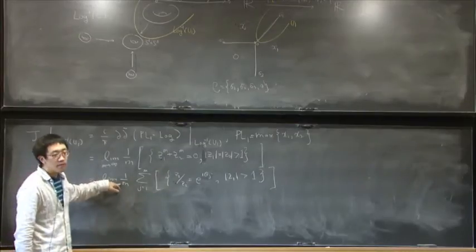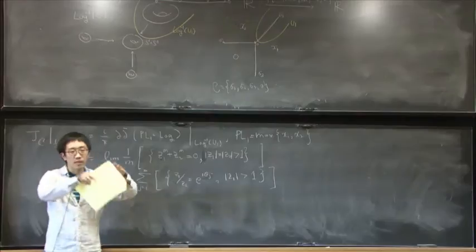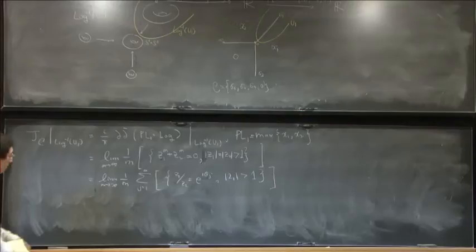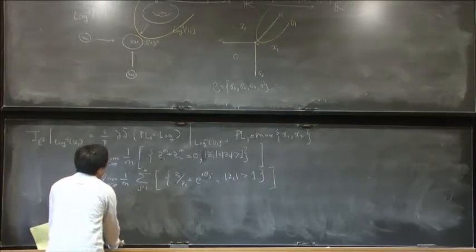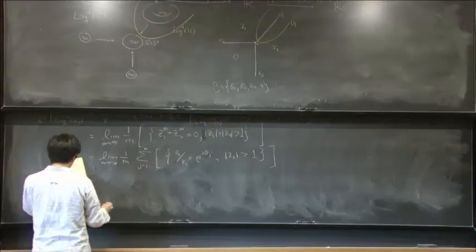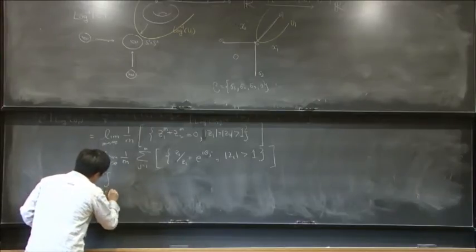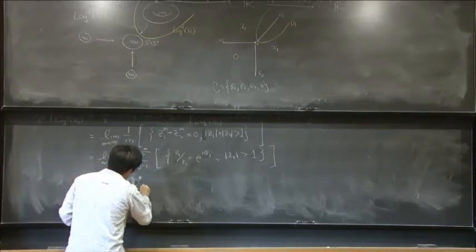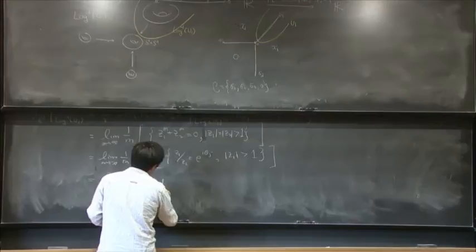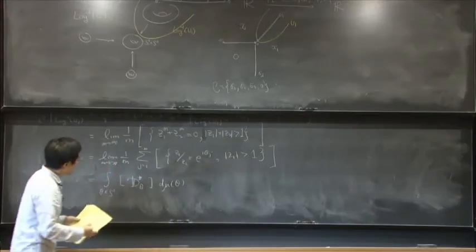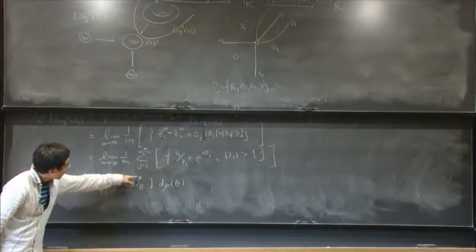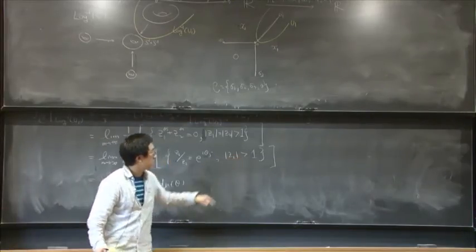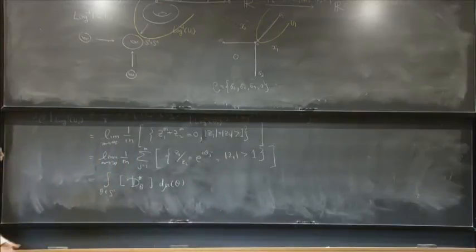And as m goes to infinity, these roots of unity tend to a dense, uniformly distributed subset of S1. And you know that this is the integral over S1 of d theta and d mu of theta. So here, D star is the punctured unit disk, or rather, I'm looking at the part where the modulus is larger than 1, so the inverted punctured unit disk.